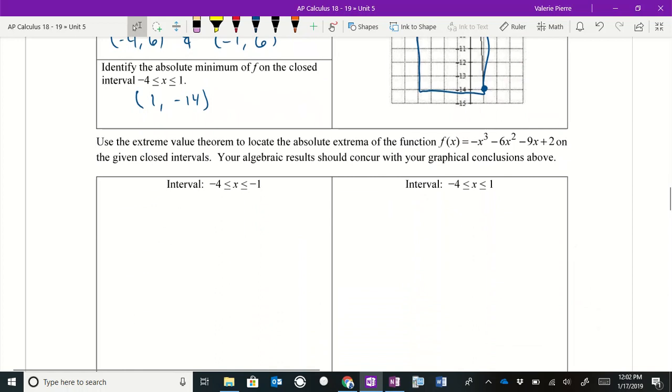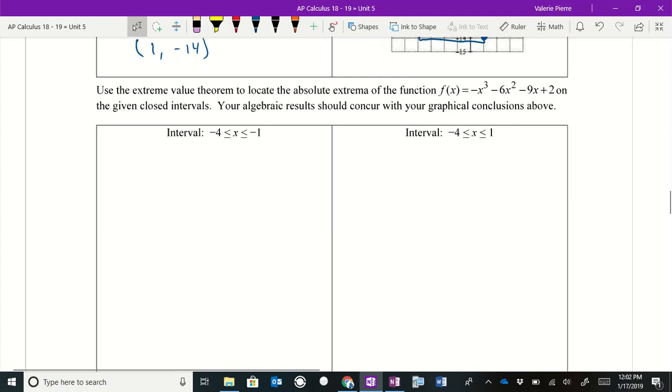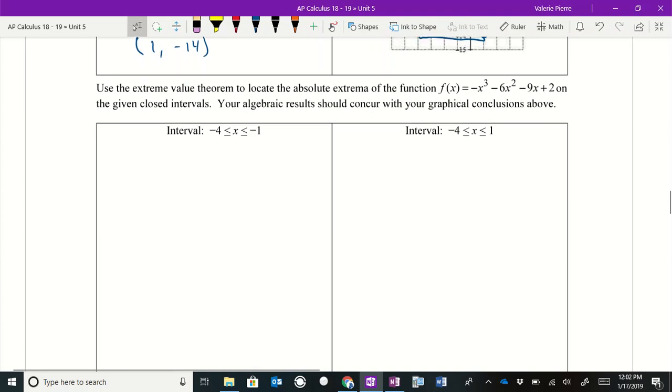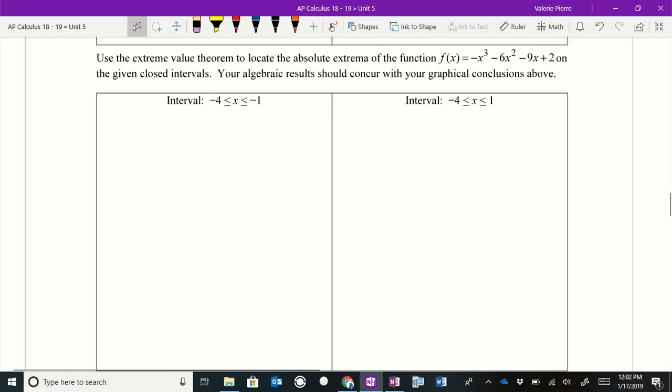So we want to use the extreme value theorem to locate the absolute extrema of this function on the given closed intervals. We're going to use our algebraic results to make sure that our graphical conclusions are correct. So on the interval from -4 to -1, we want to find the absolute max and the absolute min. So we first have to figure out what the relative max and mins are on that interval. So we need to find the derivative of this function. It will be -3x squared minus 12x minus 9.